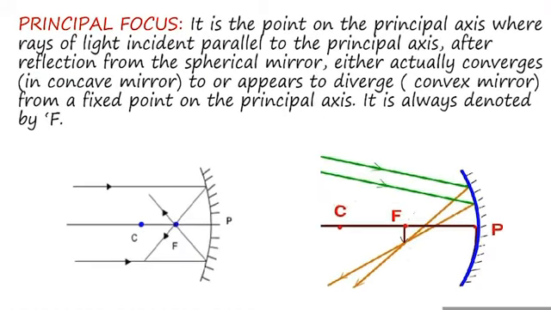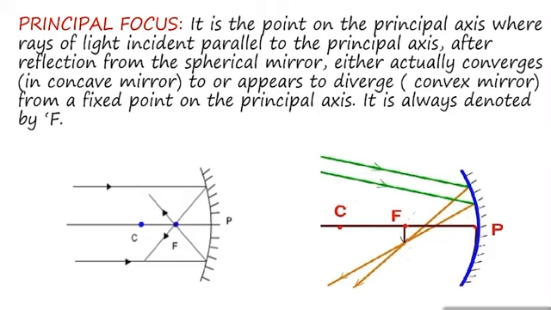Principal focus is very important here. Focus means to concentrate at a point. In terms of a concave mirror, it is a point on the principal axis where rays of light incident parallel to the principal axis, as you can see here, after reflection from the spherical mirror either actually converge in the case of a concave mirror or appear to diverge in the case of a convex mirror.